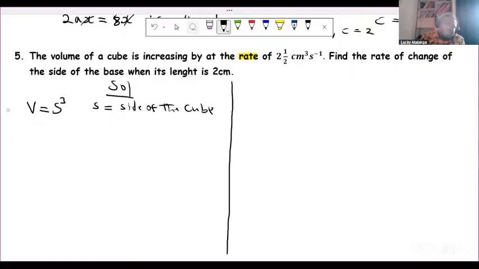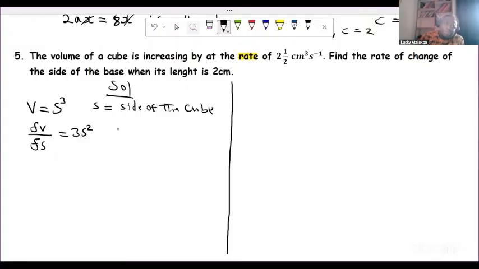So if I differentiate the volume with respect to the side, dV/ds, this becomes 3s, so 3 minus 1, this is 2. So I'll get 3s squared. Are you following me? But I need to get volume with respect to time, because they said the volume increased by this rate.